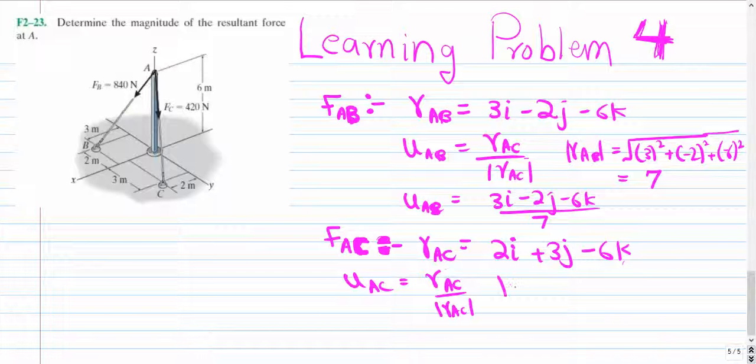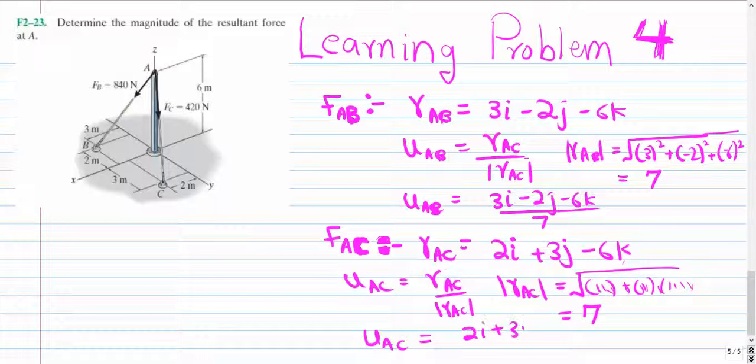So we must find the magnitude first. And once we solve for the magnitude, we get 7 once again. Okay, so now that we have the magnitude, we can find UAC, and that is equal to 2i plus 3j minus 6k all over 7.